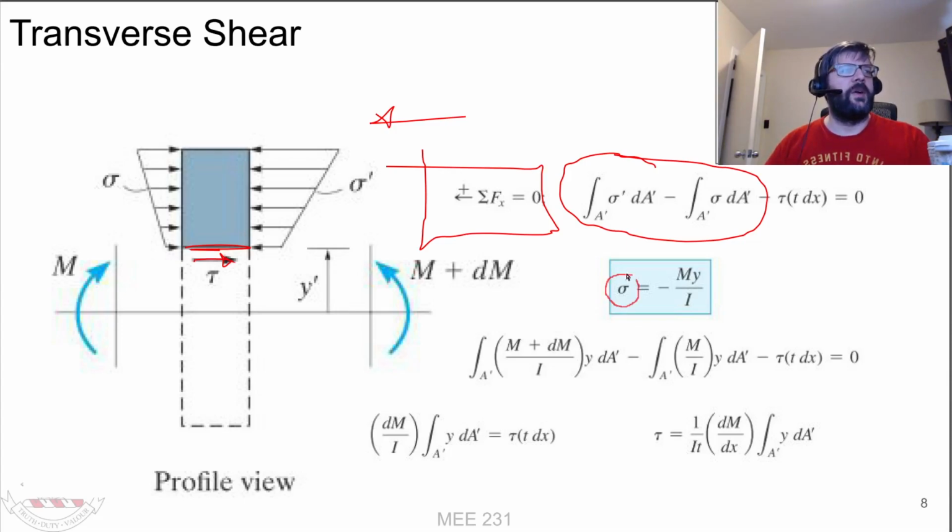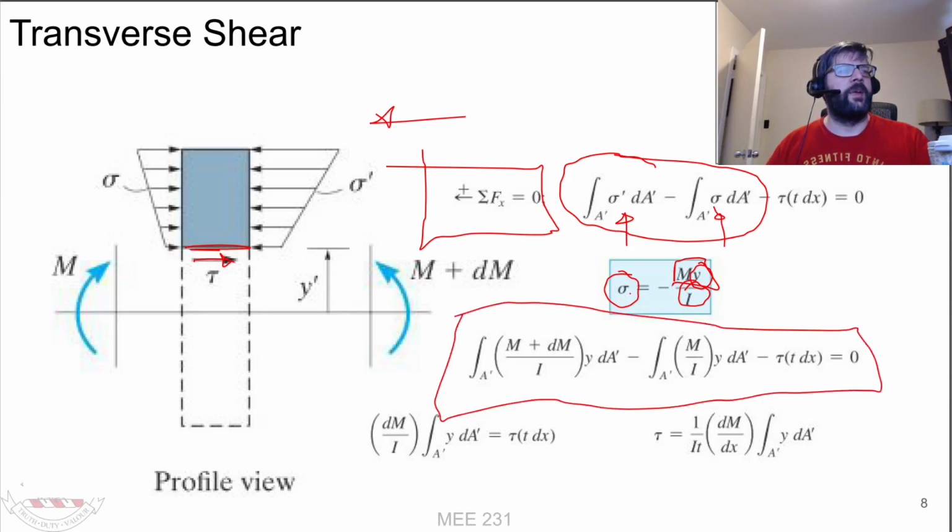And then we know how the stresses relate in terms of the moment applied, the y, and the I. So we can take that and plug it into these equations. That'll give us this.